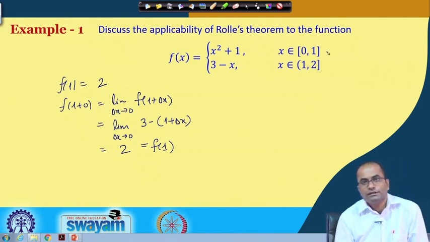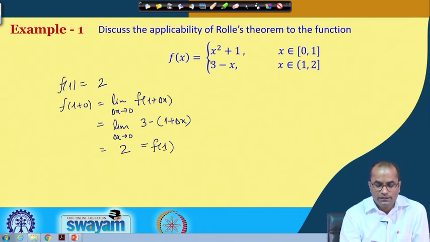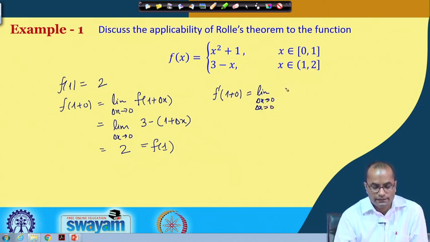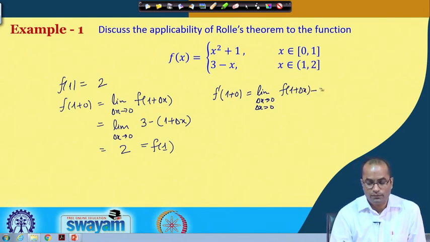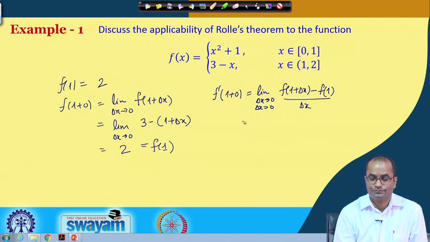And what about the differentiability? It is pretty similar to the earlier case. If we compute the right derivative at 1 plus 0, delta x goes to 0 with delta x positive, we take f 1 plus delta x minus f 1 divided by delta x.